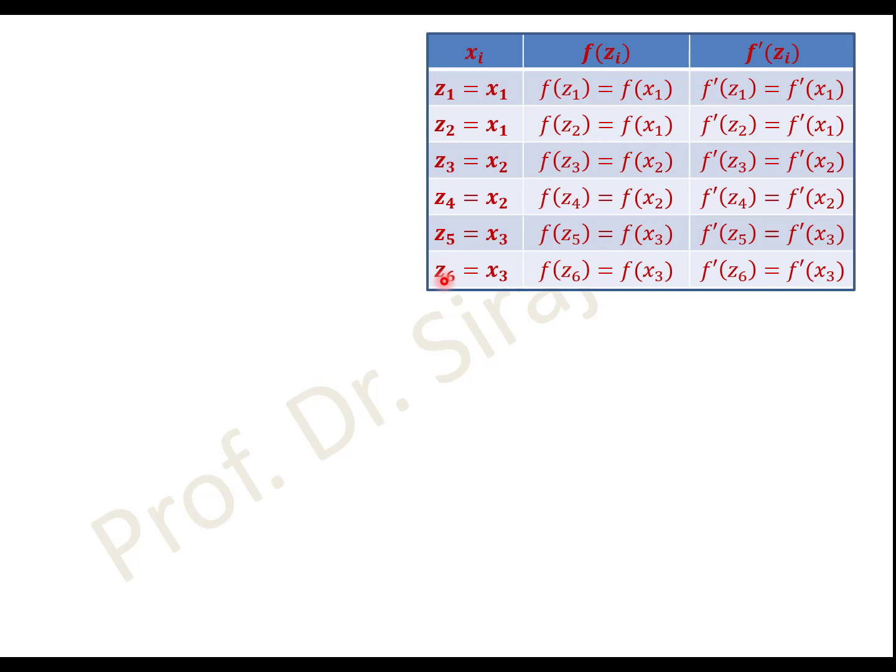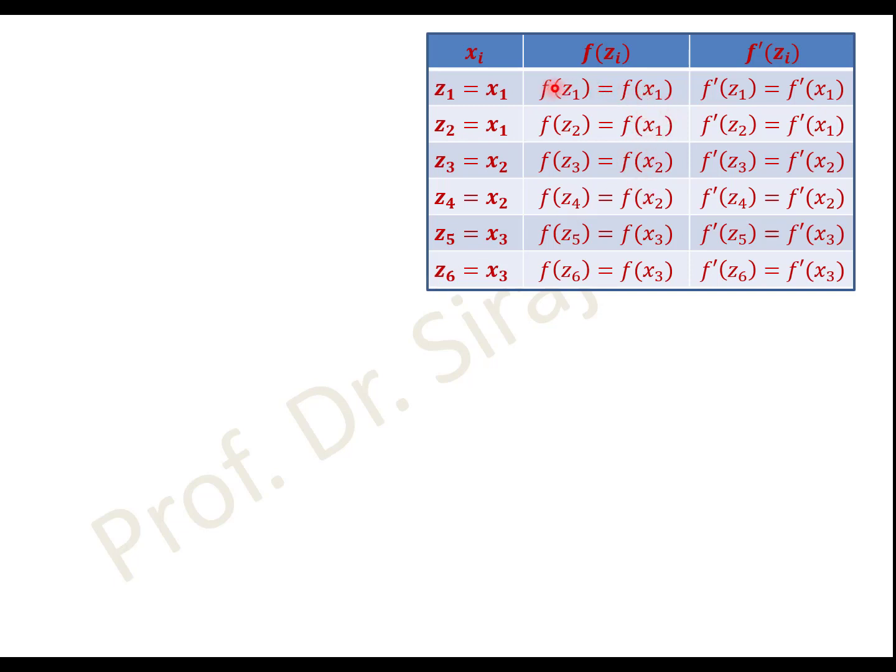Renumber them. So now if I write them twice, the number of points will become double, so 3 multiplied by 2 will be 6. And these are the values.